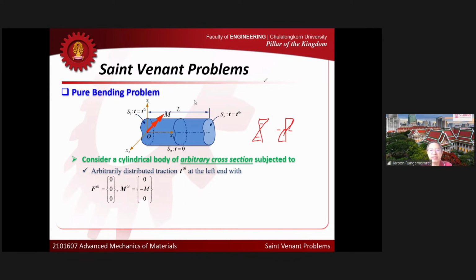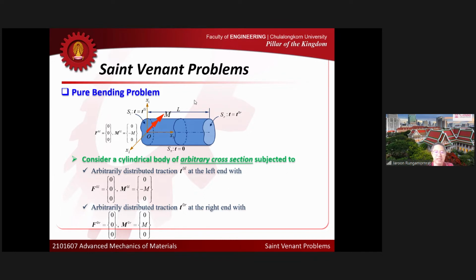Also at the right end, I apply the traction, T0R. I apply the traction with the net force and moment like this, or I just have the bending moment about the positive x2 direction for the right end. This is the problem that we try to solve here.